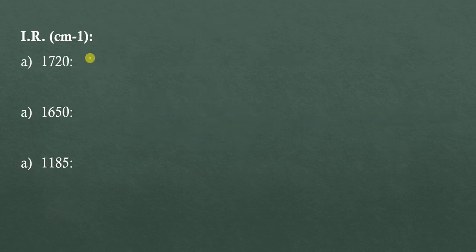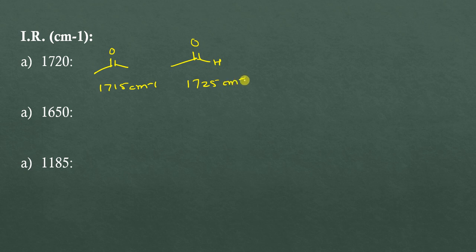Now in IR we have 1720 cm inverse. We have already discussed that if you have a ketone, it should be 1715 cm inverse. If you have an aldehyde, it should be 1725. And for a simple ester, it should be 1735.